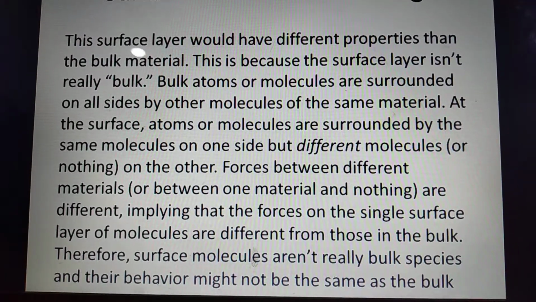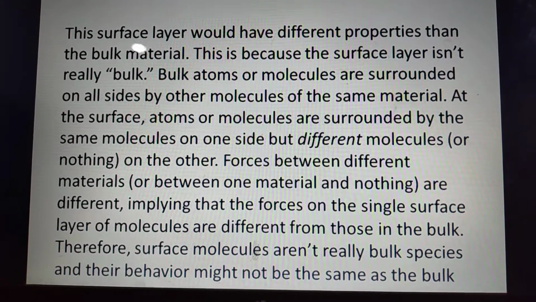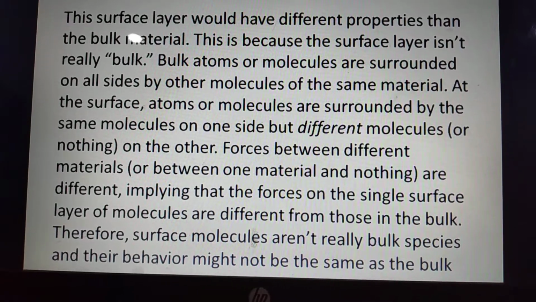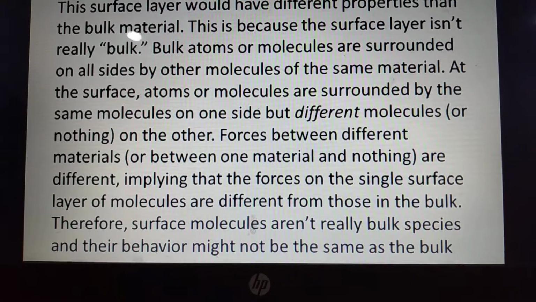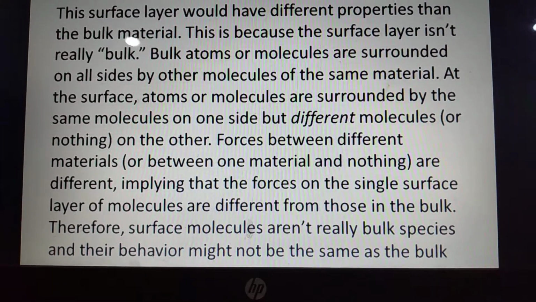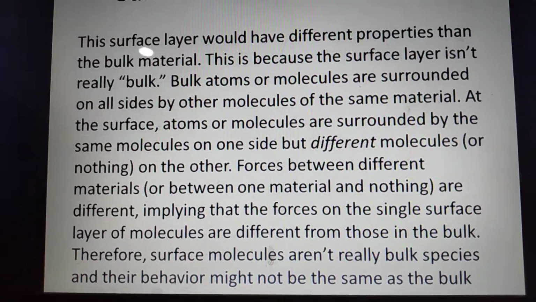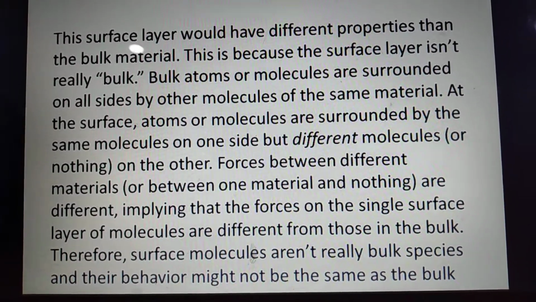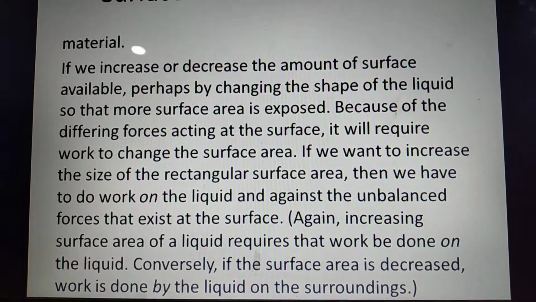The forces between different materials are different, implying that the forces on the single surface layer of molecules are different from those of the bulk. So surface molecules are not really bulk species, and their behavior is not the same as that of the bulk, because in the bulk all forces are equal: upper side equal to lower side, and right hand side equal to left hand side.